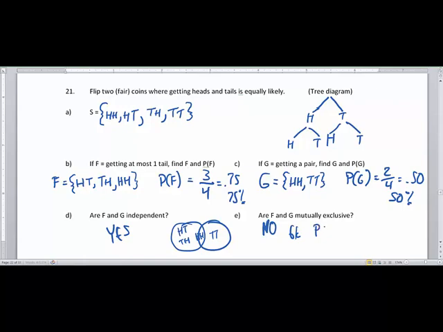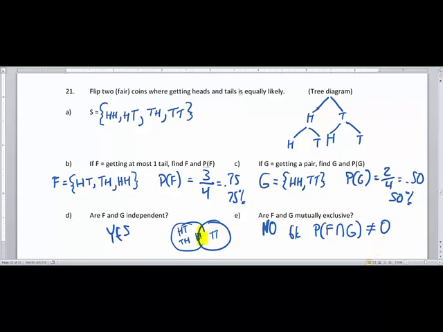So no, because the probability of F and G is not 0. They have something in common. See what they have here? They have that in common.